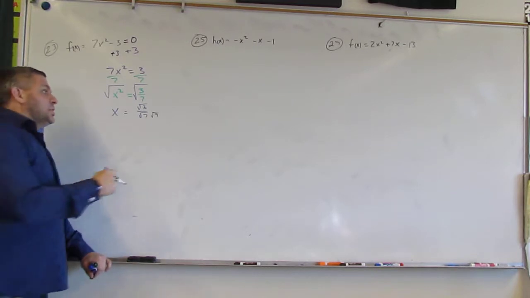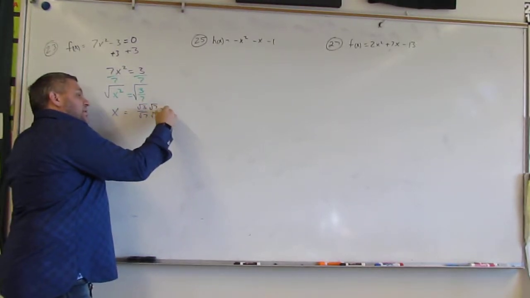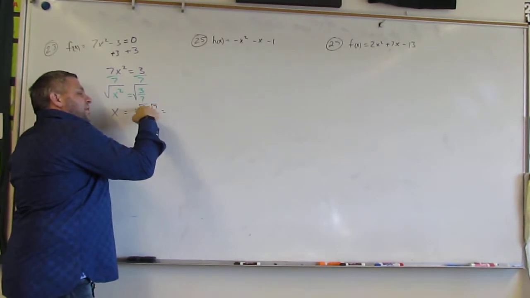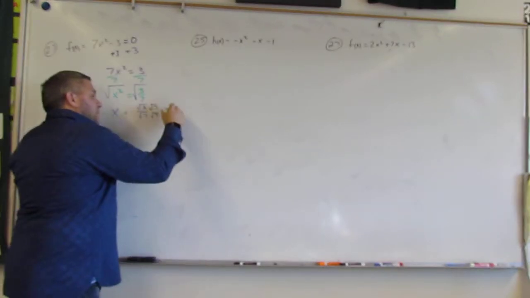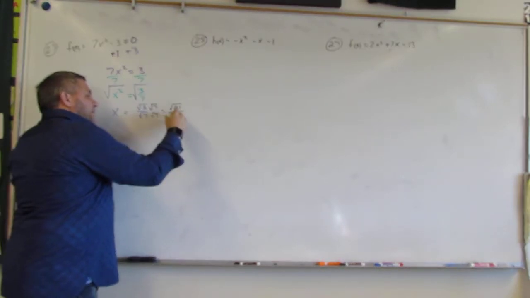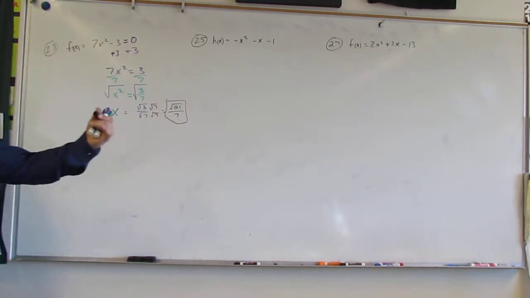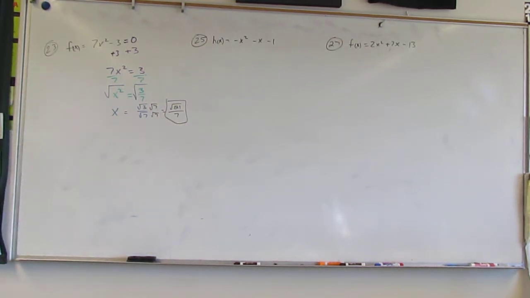Right? So what I do to the bottom, I do to the top, and I get, what's 3 times 7? 21. And the square root of 49? 7. And I didn't have to use a quadratic formula for that.